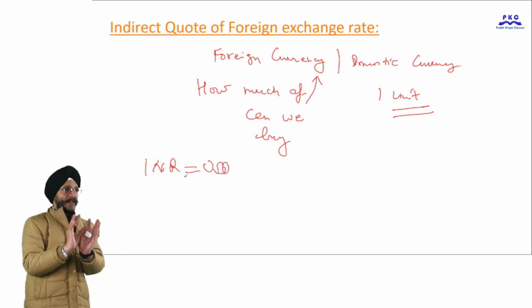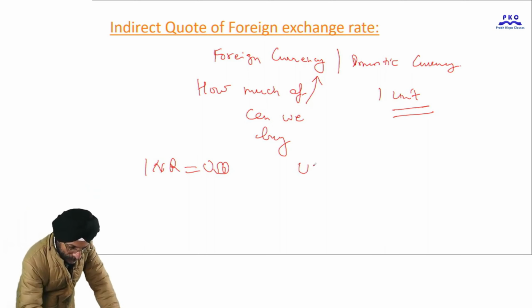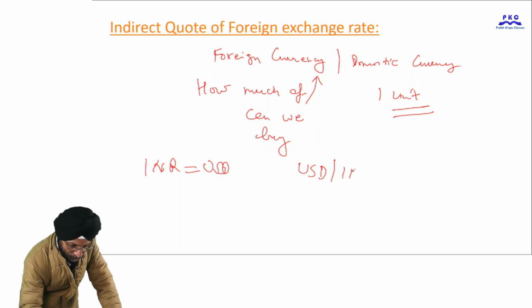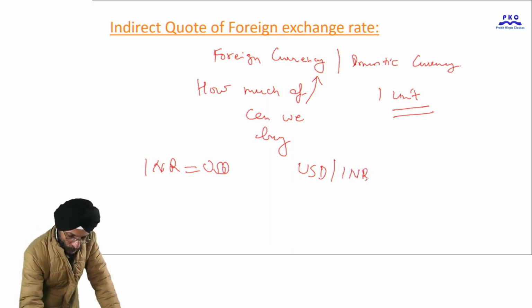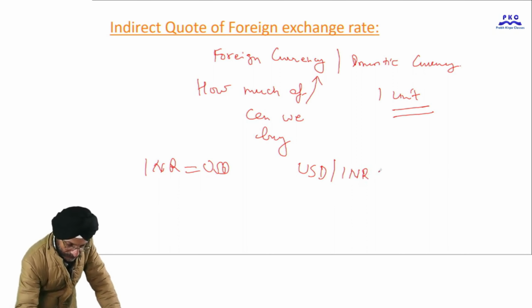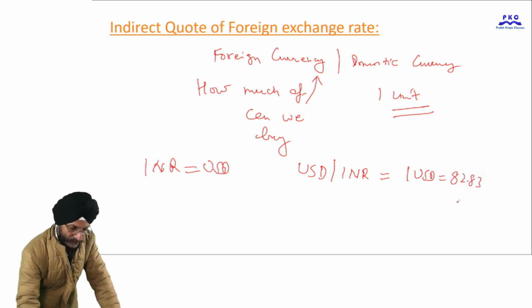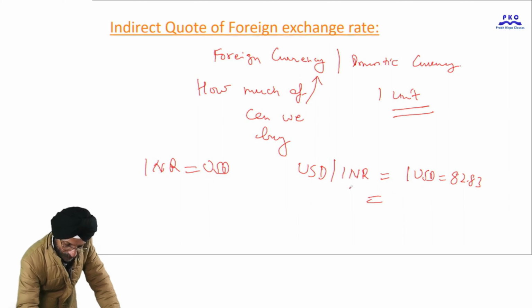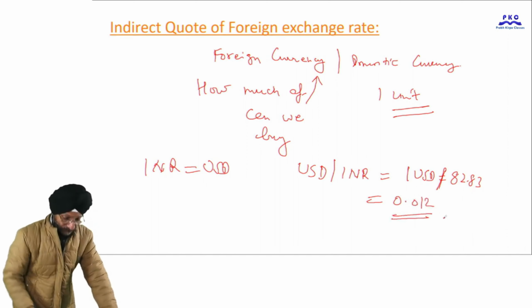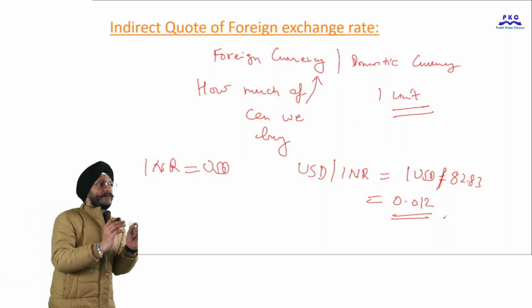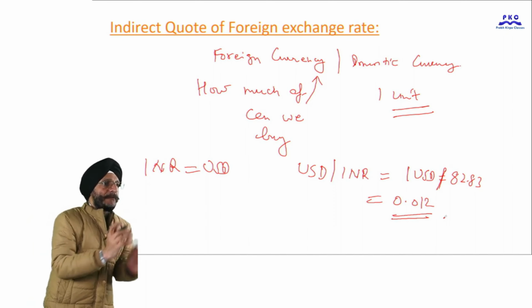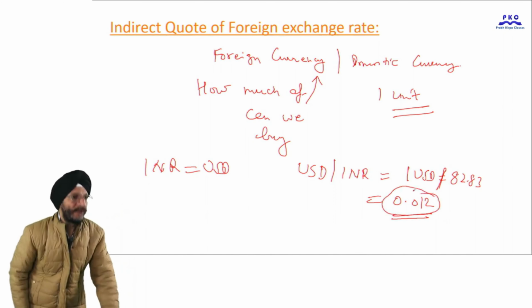We are from India, so the indirect quote will be US dollar over Indian rupee, USD over INR. 1 US dollar is equal to 82.83, so USD over INR is 0.012.